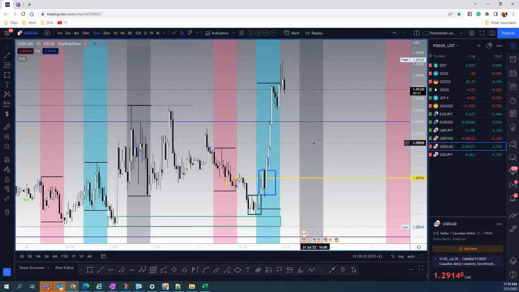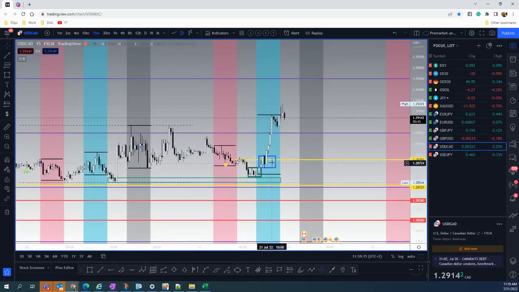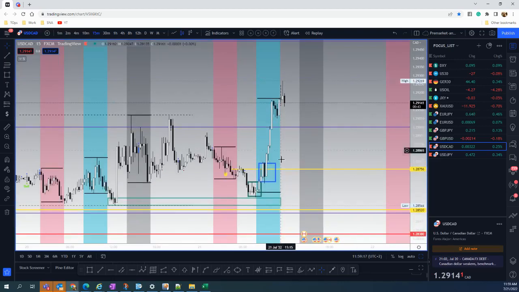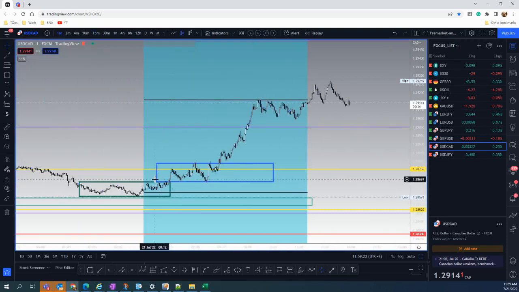USD CAD, I was long on this, however I was not able to enter on the pullback. This was the entry box. If you check the green box, this is my low box, then the second low box.